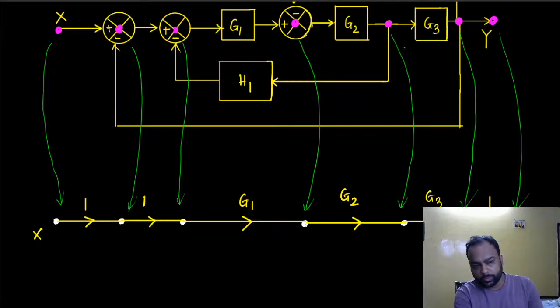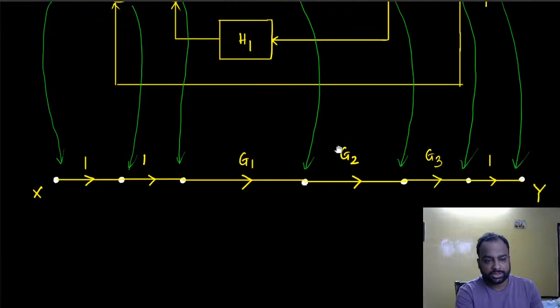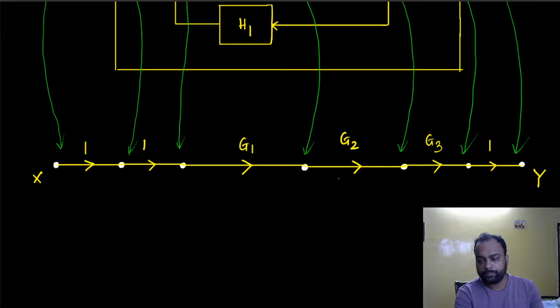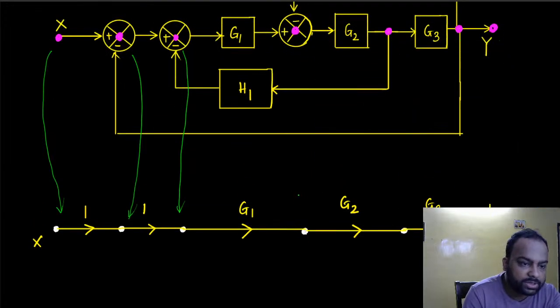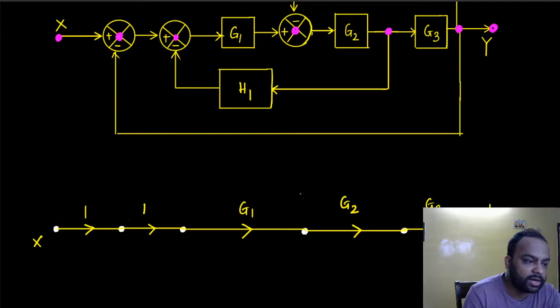Similarly, between these two, it gets multiplied with G3 and gets fed to this one. And between these two, whatever signal comes out of this gets fed to this one without any alteration, so it's like multiplication with 1. Again, we are going to solve a few more problems, so things are going to be clear anyway.